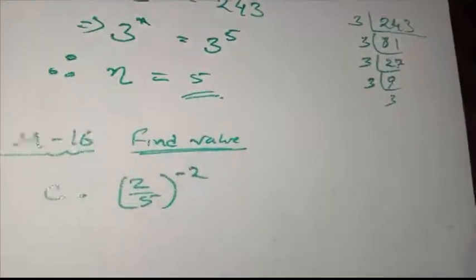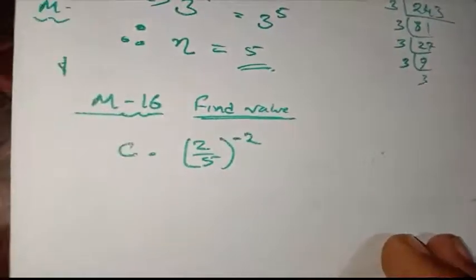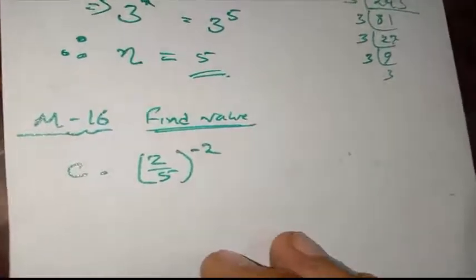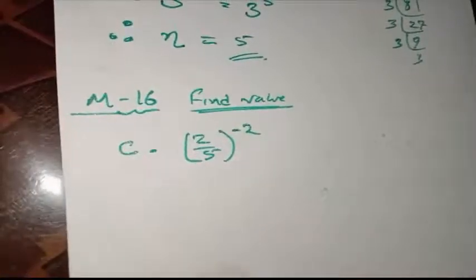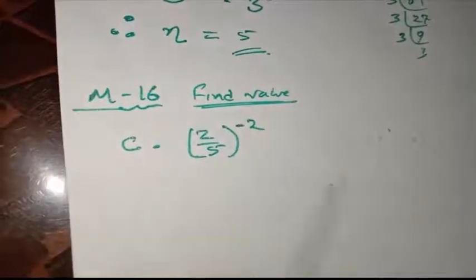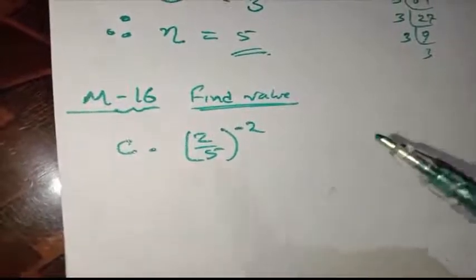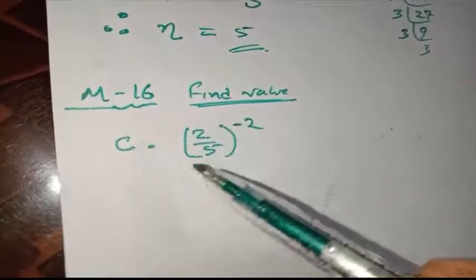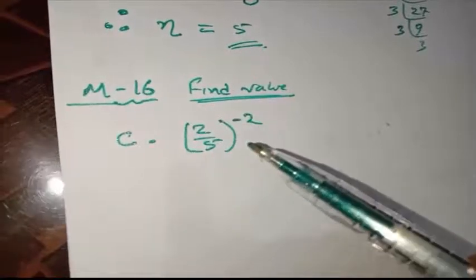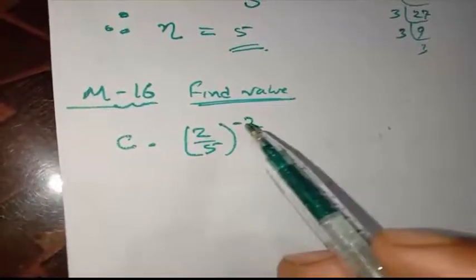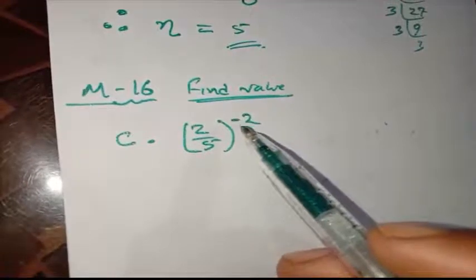Now let us come to module number 16. In question number C, you have to find the value of 2 by 5 whole to the power minus 2. Since there is a negative sign, the thing within the bracket will become its reciprocal if we change this negative power into a positive power.